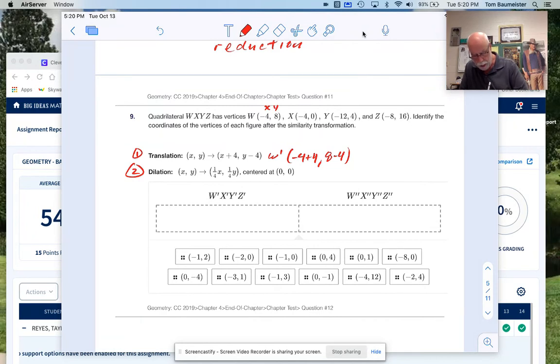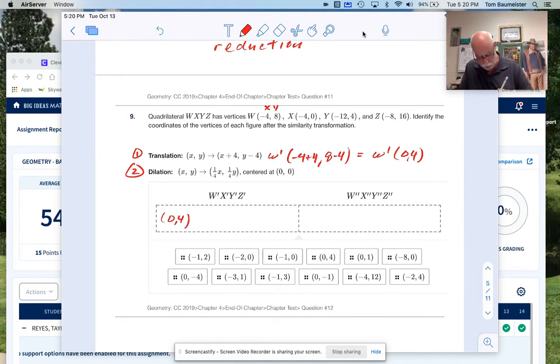All right. And that means that I'm going to have W prime as 0 and 4. I chose W prime because that's the first one they have. It looks like I have to drag and drop all of them in here. So I'm going to have 0 and 4.